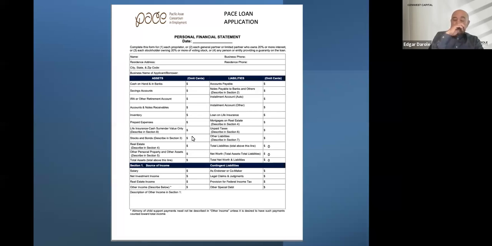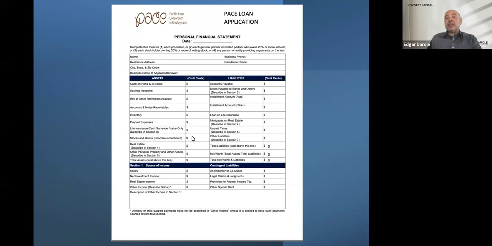A lot of mistakes are made when you fill out this particular section, because some business owners tend to put the actual face value of their insurance, whereas they're only asking for the cash surrender value. If you have a term life insurance, you wouldn't have any cash surrender value. But if you have a different type of insurance, then you earn some cash value, so you have to list that particular value. All right.